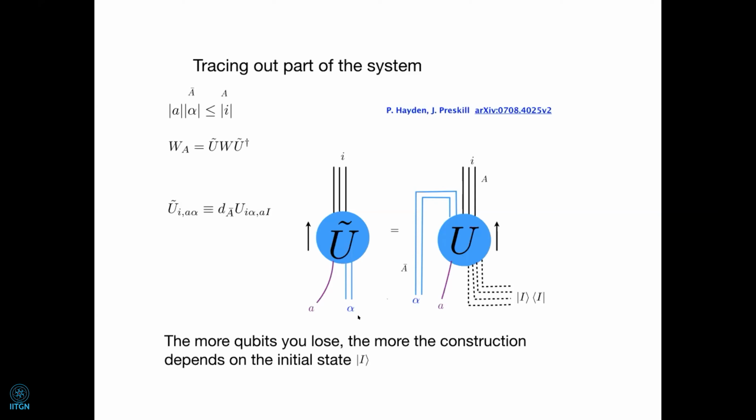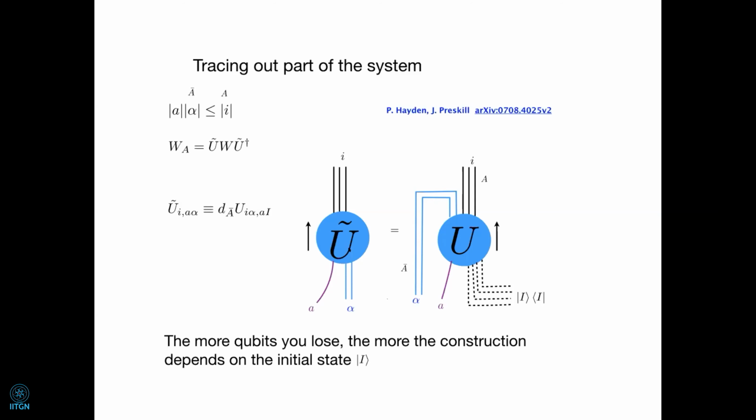Another thing we pay attention to is that, if we keep the entire system, the operator reconstruction we need is U, W, U dagger, and that U is the black hole time evolution. That U doesn't depend on the initial state of the black hole.